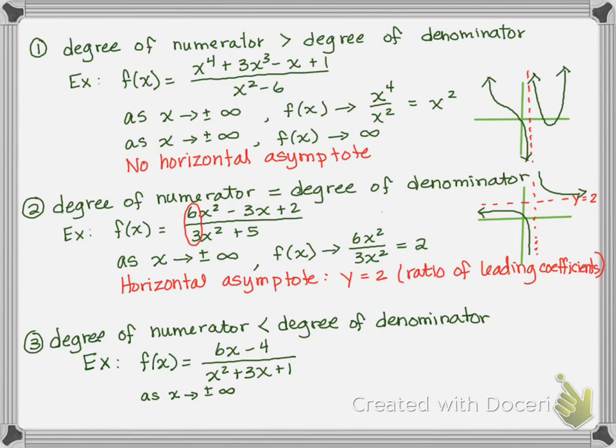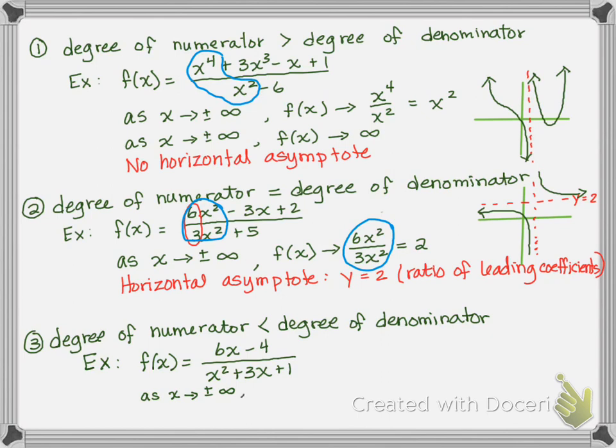Because we did the same thing on all of these, right? We just looked at the ratio of those leading coefficients. And that's how we figured out what our horizontal asymptote was, or if it had one. So same thing down here.